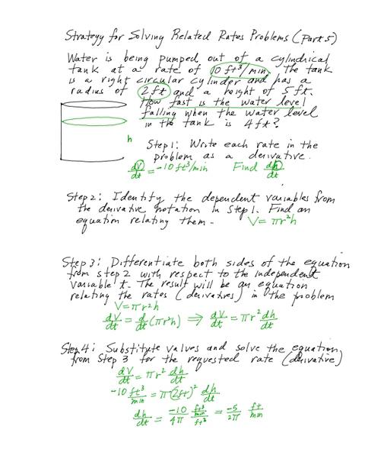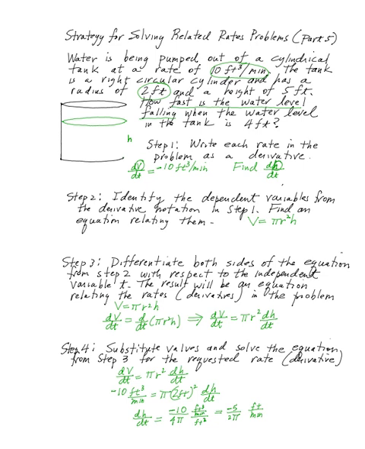Now, there's a little situation about semantics here. The question is asked, how fast is the water level falling? So the water level is falling at a rate of 5 divided by 2 pi feet per minute. Notice I said positive 5 divided by 2 pi feet per minute. That's the rate at which the water level is falling.